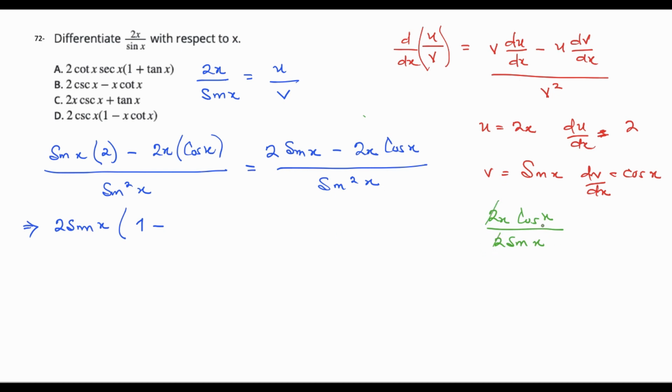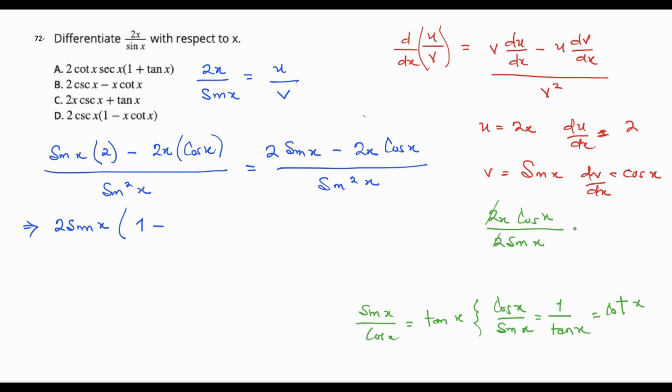Now if we have sine x over cos x, we know that this is equal to tan x. But what if we have the inverse of this, which is cos x over sine x, like what we have here. Now this is the same as 1 over tan x. And 1 over tan x, the inverse of tan x, is the same as cotangent x, which is cot x.